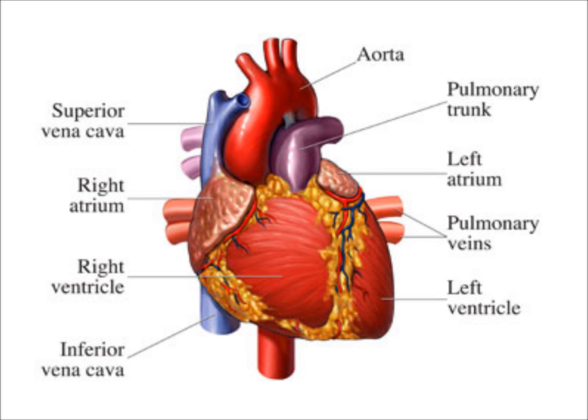The AV valves are closed. Pressure is going to continue to drop because of the volume that has just left. And now the semilunar valves shut. And again, for that fraction of a second, the ventricles are totally shut.